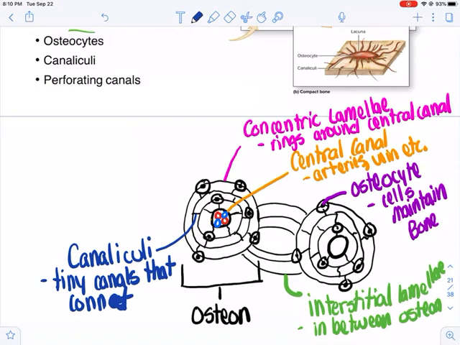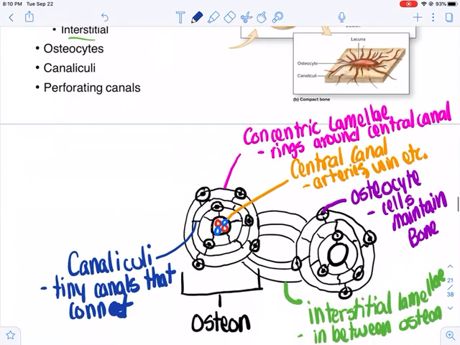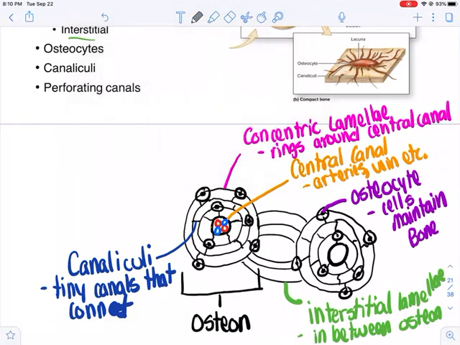An osteon is one of the units, and I like to use the city analogy. It's a city. We have our central canal as the downtown. We have the lamellae as the streets. Oh, and I forgot, it's not on this list, but you got to know what you live in. You got to know what your house is called.